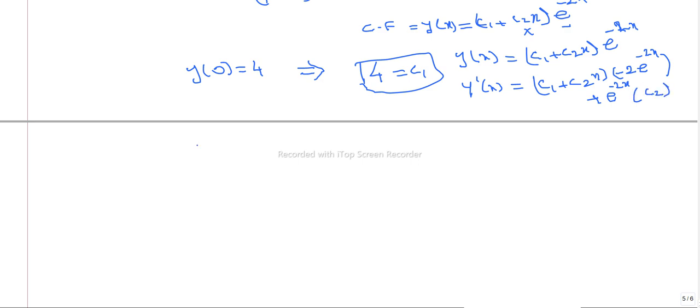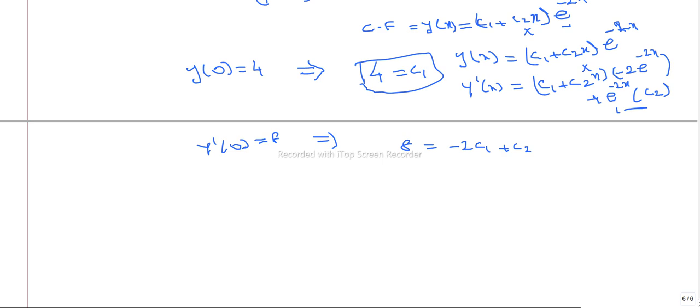Now given that y dash of 0 is 8, the left hand side is 8. If we substitute x equal to 0, this term is 0 and the exponential term is 1, therefore minus 2c1. And here we get just c2.